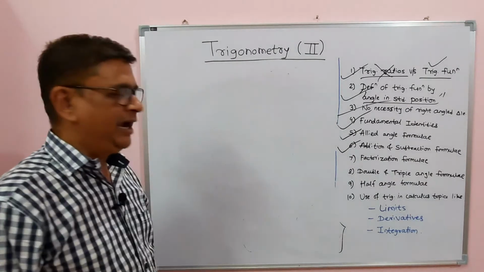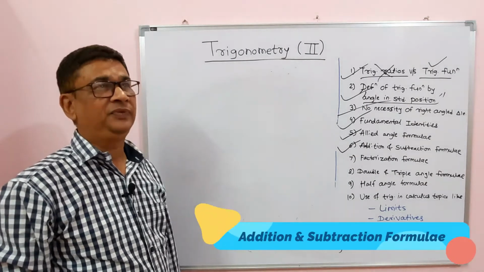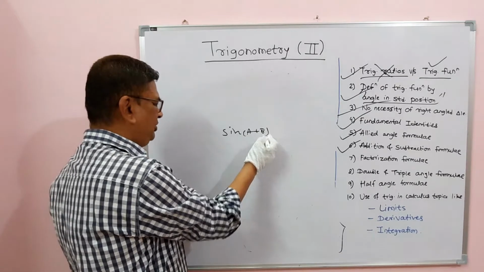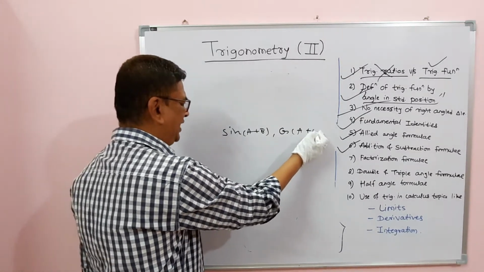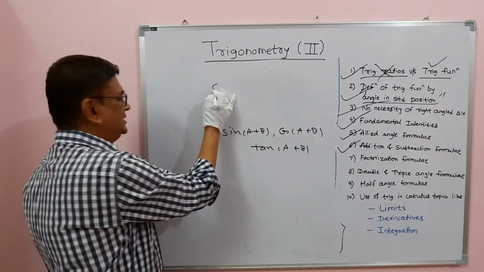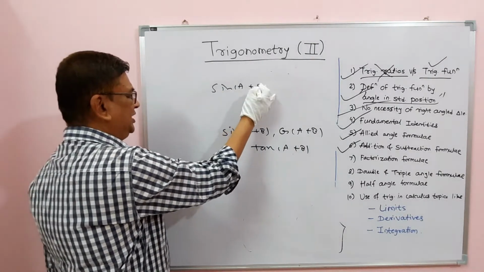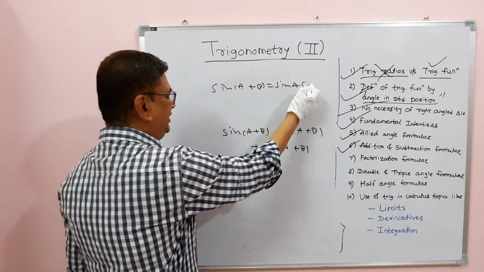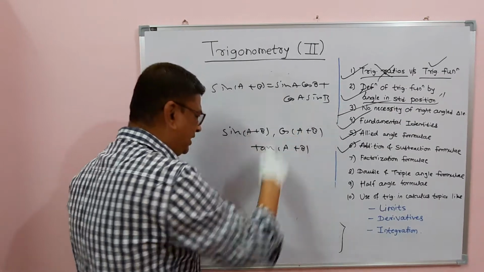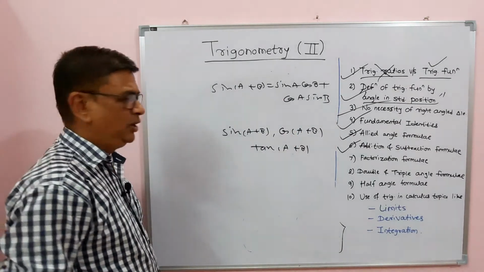Now we deal with addition and subtraction formulae. In case of addition formulae, we have sin a plus b, cos a plus b, their formula available, tan a plus b. I give example, sin a plus b is equal to sin a cos b plus cos a sin b. And similarly, other addition formulae also there.